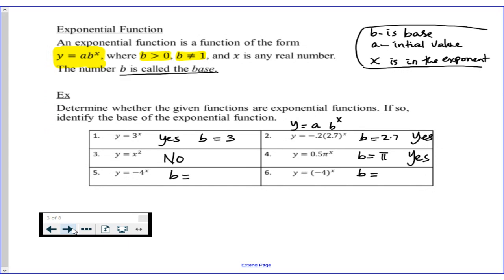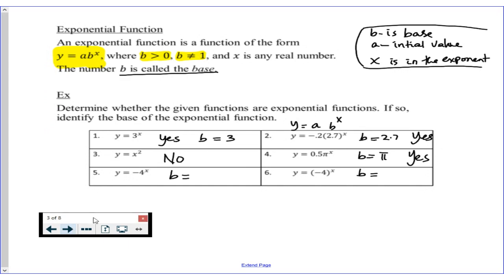So both of them have -4. Are you saying the two equations are the same? Are they the same? But both of them have a base. Now, this is the difference.